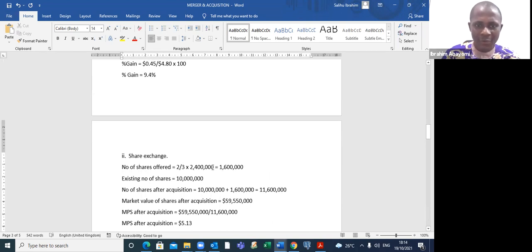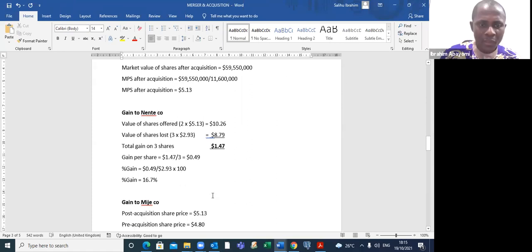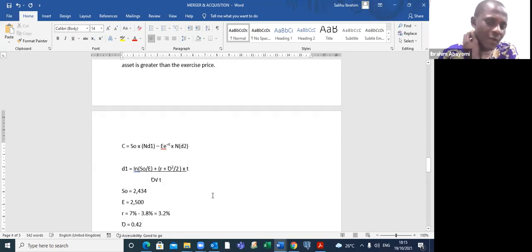We have computed this before in our previous solution. That is 960 over 0.4.